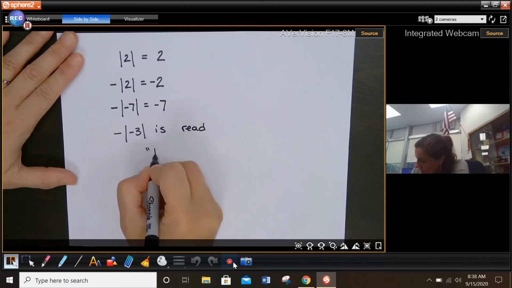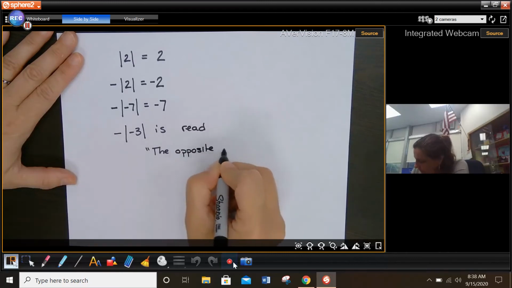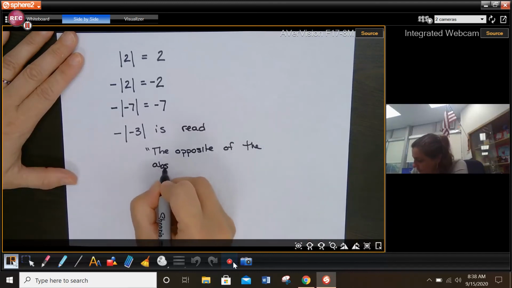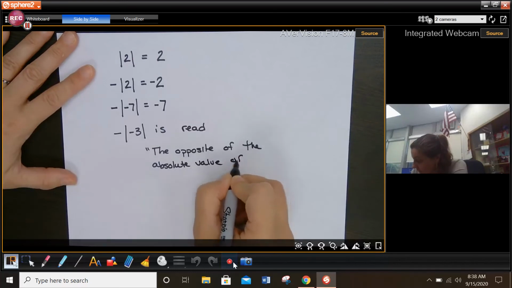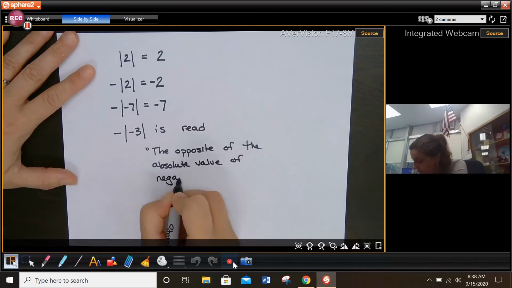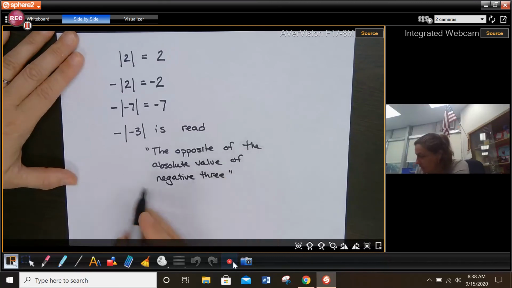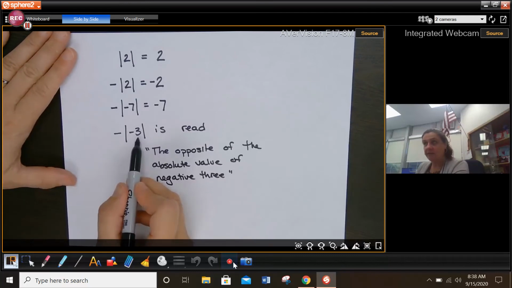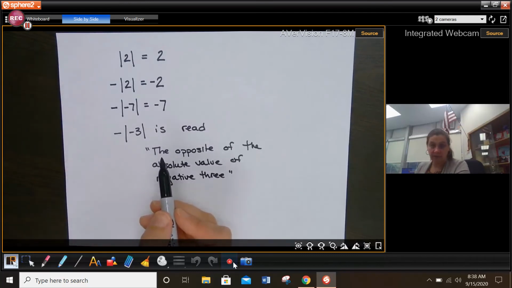It's read like this. The opposite of the absolute value of -3. The opposite of the absolute value of -3. So the absolute value of -3 is 3. The opposite of that would be -3.